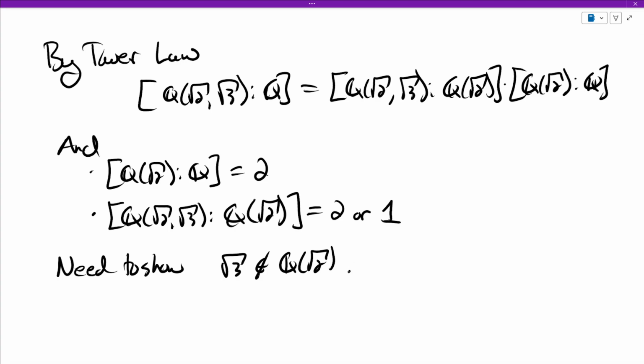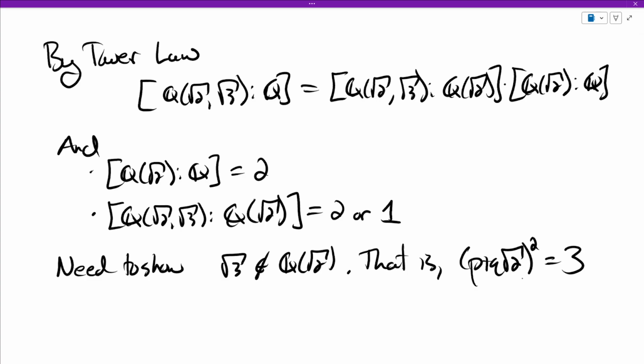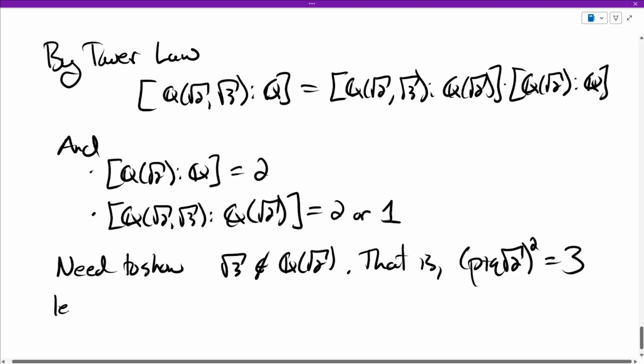So let's show that. What does it mean that the square root is not there? It means that if I take an element there and I square it, I cannot get 3. I'm never supposed to get 3. So this should lead to a contradiction.